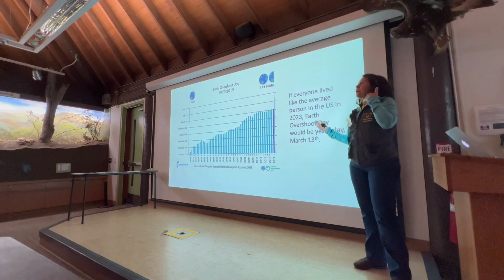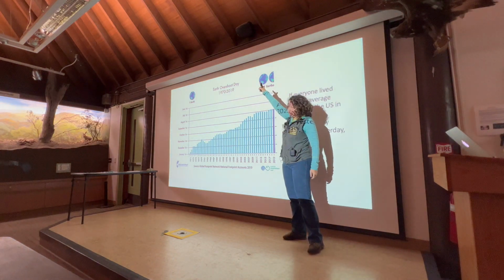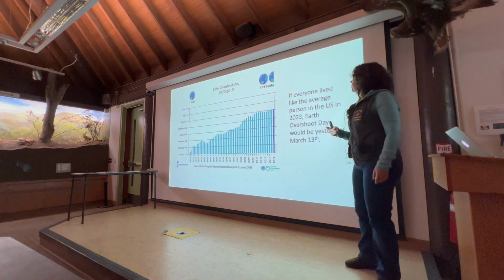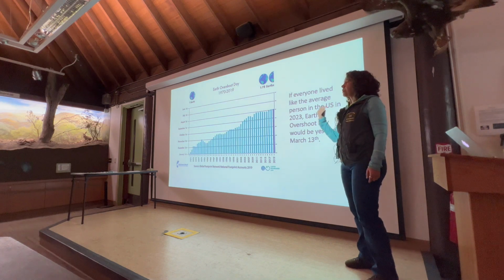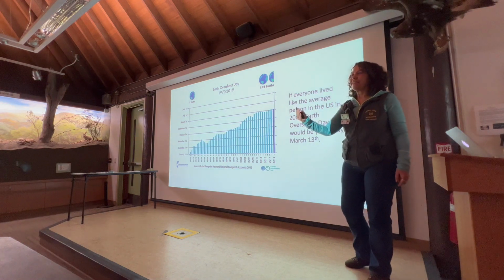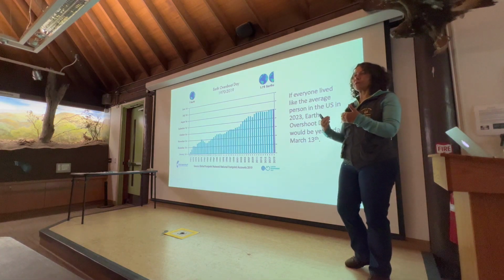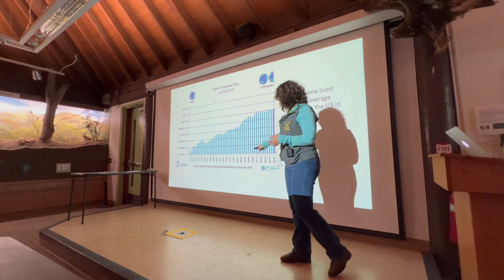So Earth Overshoot Day is another way of flipping that idea over. If we use this much of the Earth's renewable resources in a year, when would we start going into the red with our resources? And that's plotted here over time.